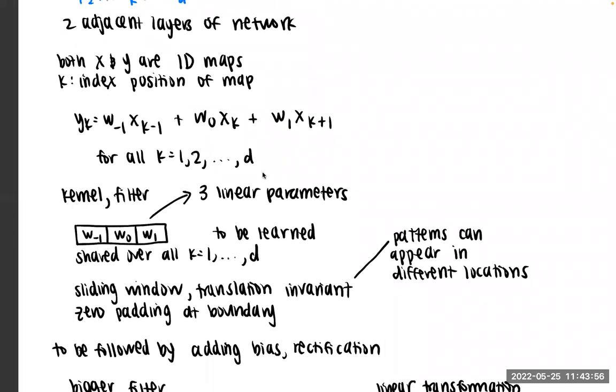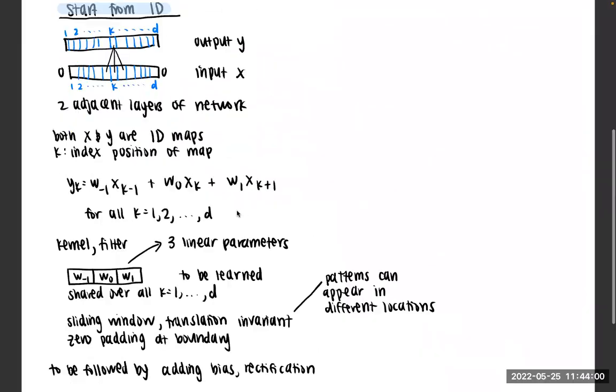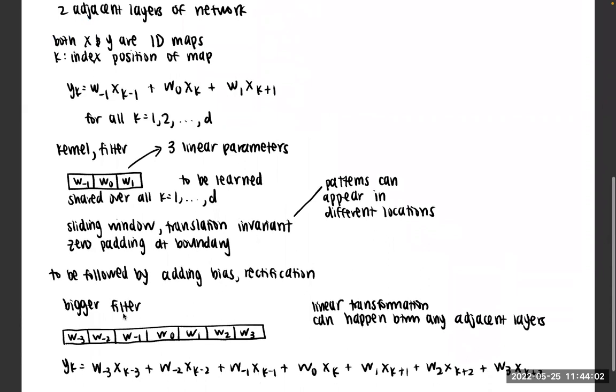Okay, and so here we use a relatively small window, small filter. We can make the filter bigger, so that you see here we have W0, and we also extend to W negative 3 and W3.